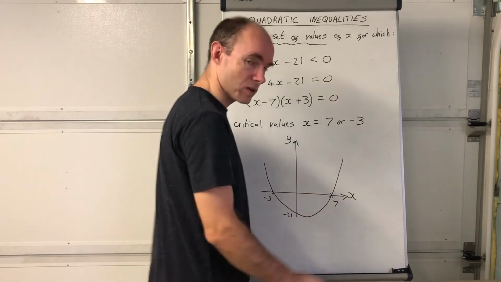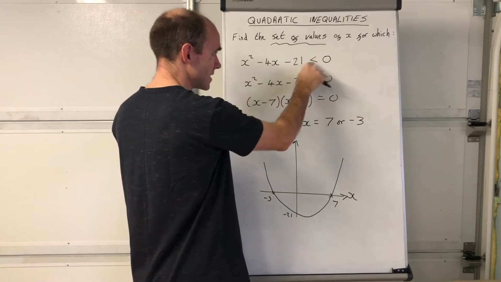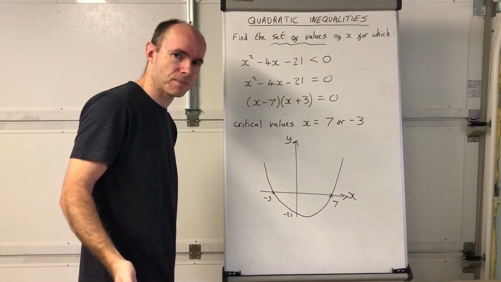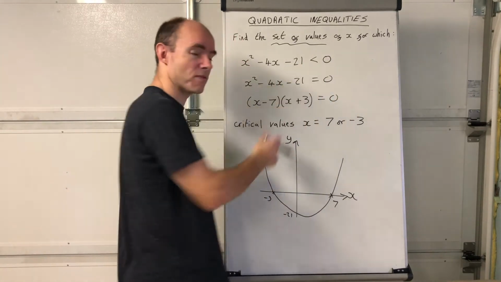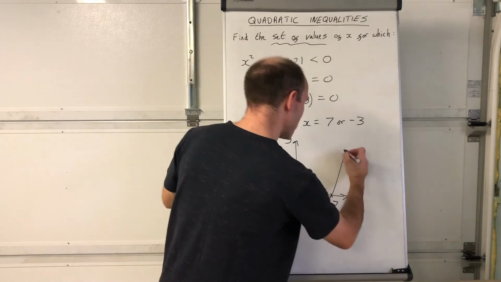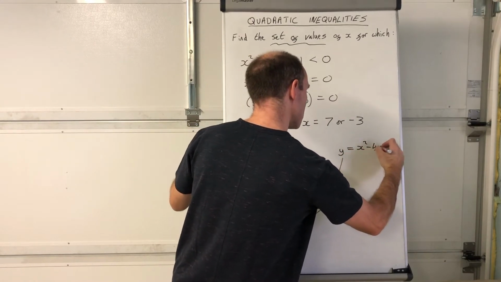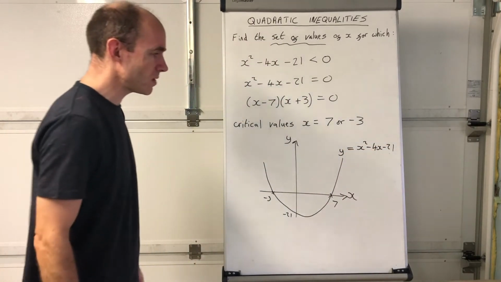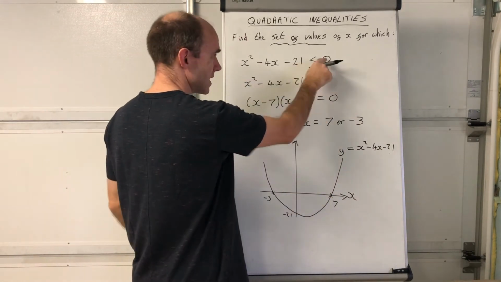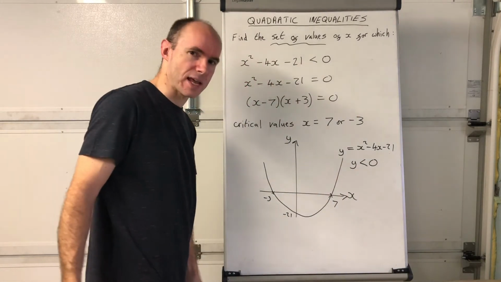Then we look back to the inequality, okay? The inequality is this: solve when that is less than 0. The right-hand side of it refers to the y-coordinates, because what we've plotted is the graph of y equals x squared subtract 4x subtract 21. So when we're saying what happens when this is less than 0, we're effectively asking when is y less than 0?